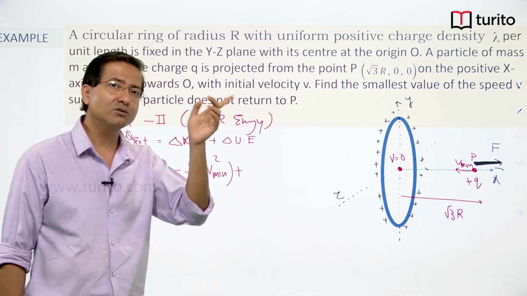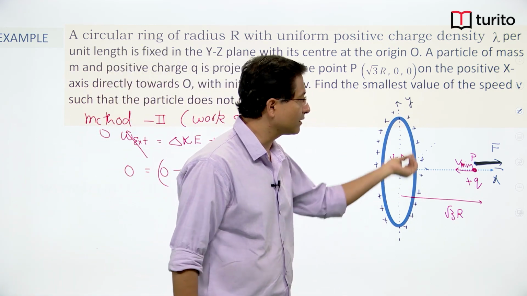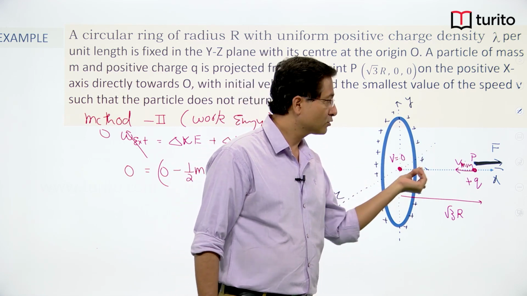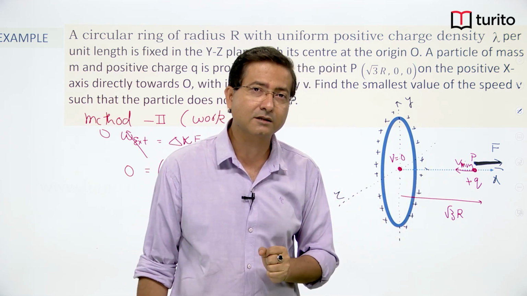You cannot directly use that formula, right, because first charge here is a distributed one and second charge is a point charge. So for the distributed one you need to integrate to get the total energy associated with the system.